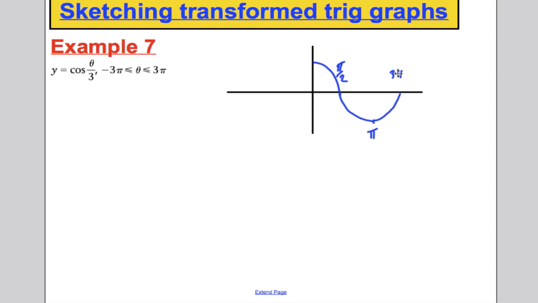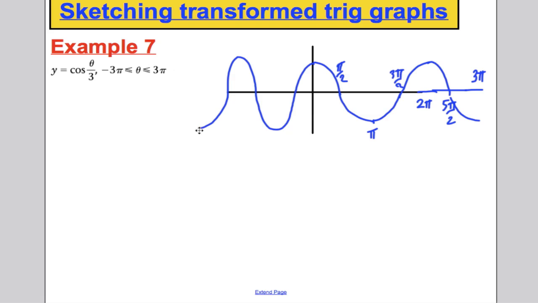Be 3 pi by 2. It's going to be 2 pi. It's going to come down there. It's going to be 5 pi by 2. It's going to come over there. It's going to be 3 pi. You're going to get a similar thing the other side, which I'm just going to do much quicker.